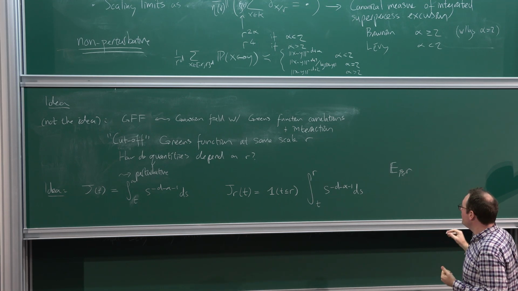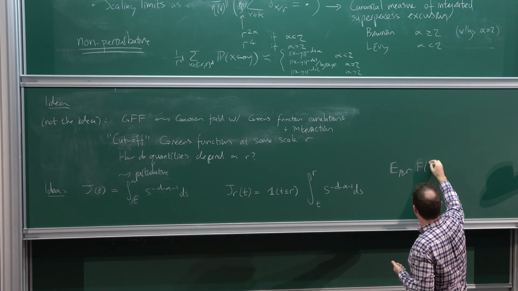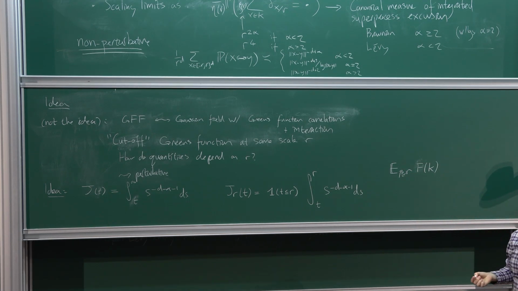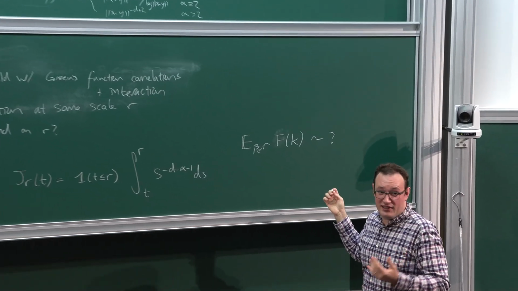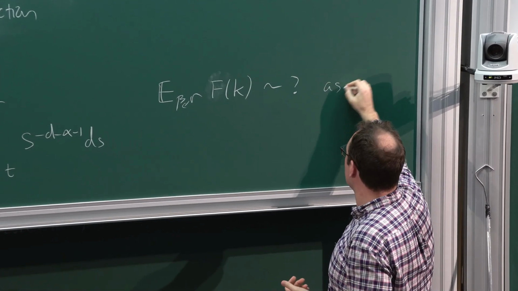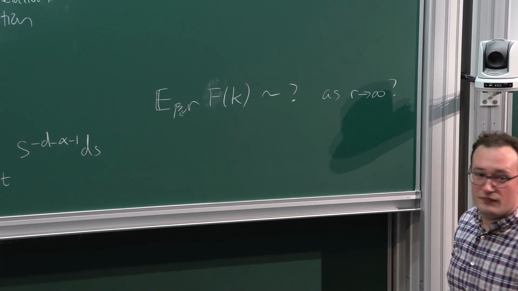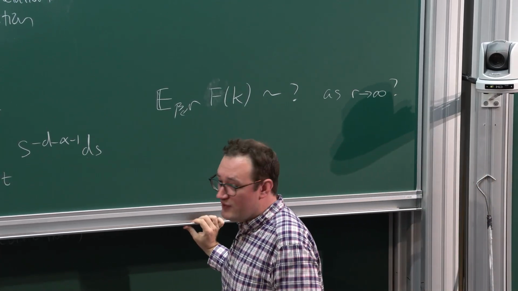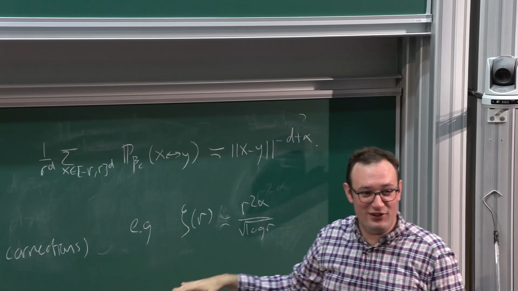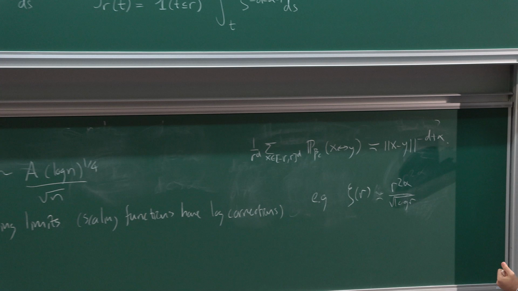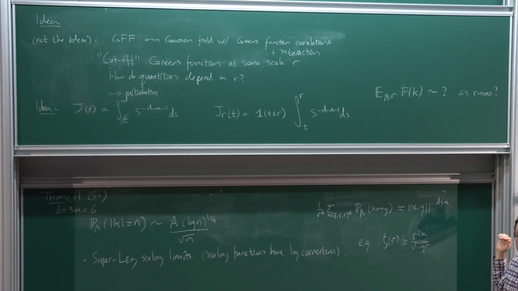And we want to understand, if I have some observable of the cluster at the origin, what are the asymptotics of this as R goes to infinity? Okay? And basically all of these results that I just mentioned, the new ones rather, the ones that are not on the archive yet, are all based on some kind of asymptotic analysis of moments as a function of the cutoff, like this.